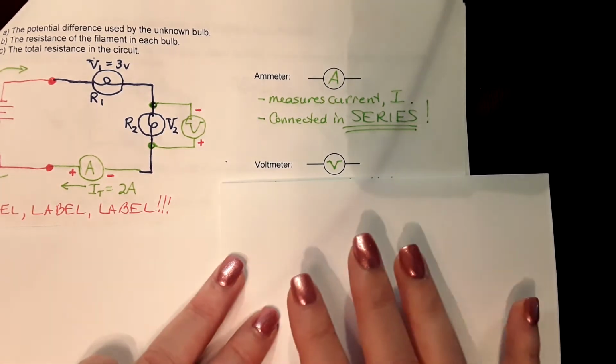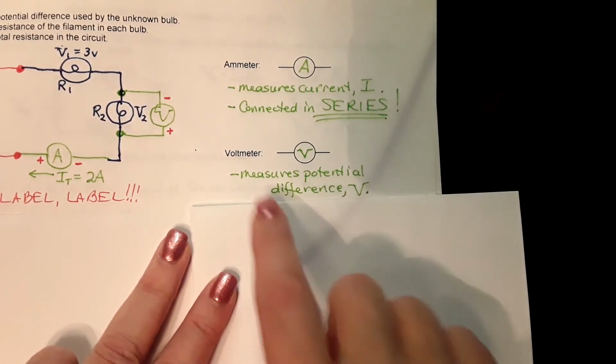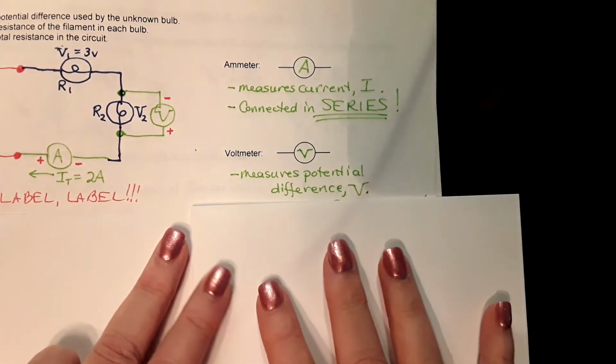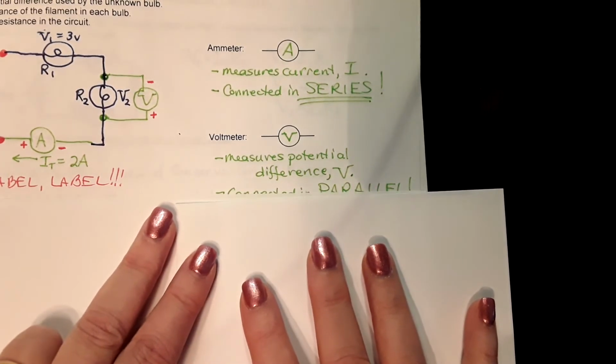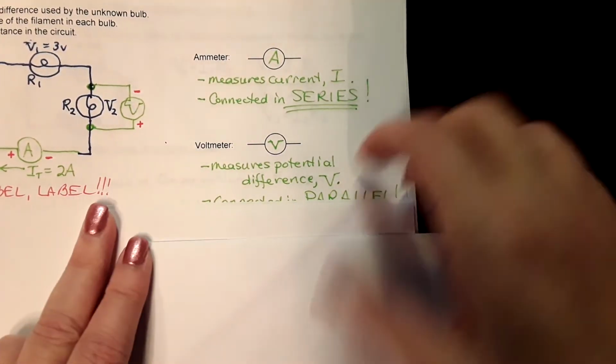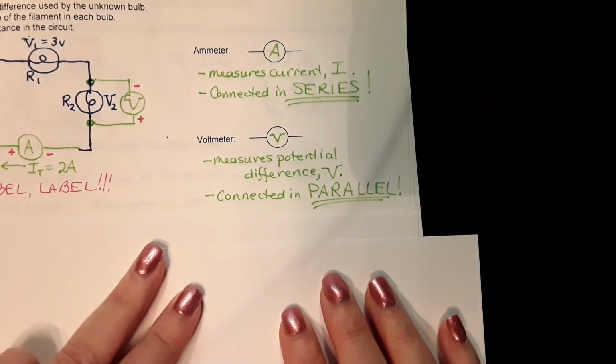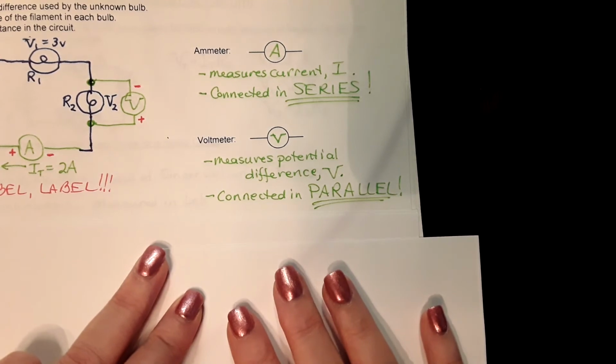So what do we call this? Well, let's take a look. First, voltmeters measure potential difference, capital V. And they're connected, we say, in parallel. Now, why the term parallel is used for the connection of a voltmeter.